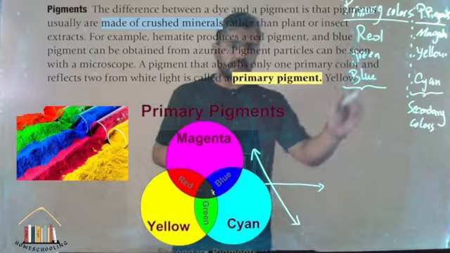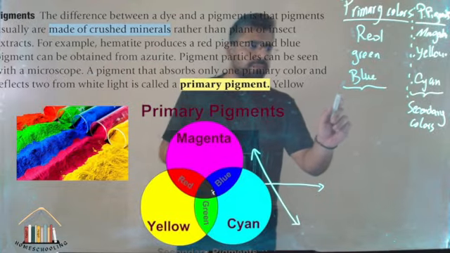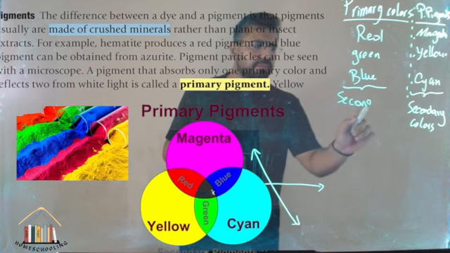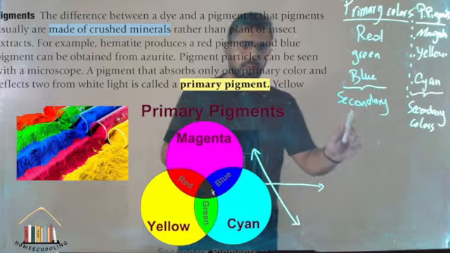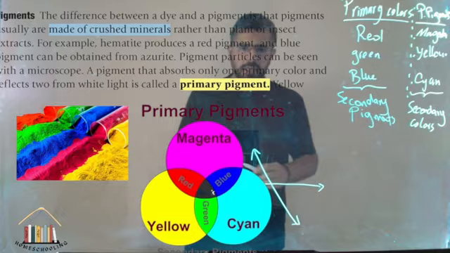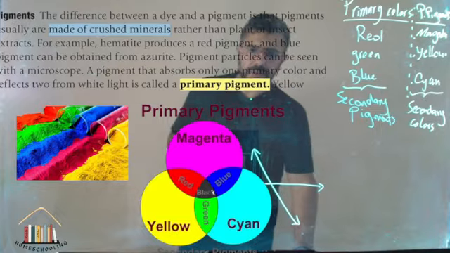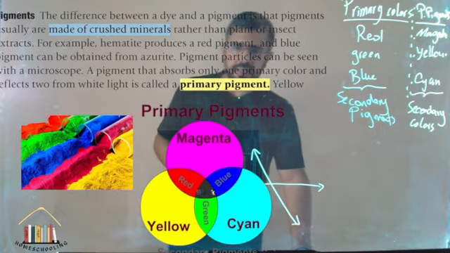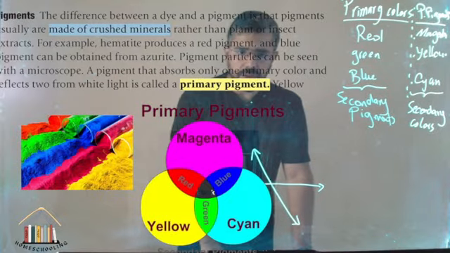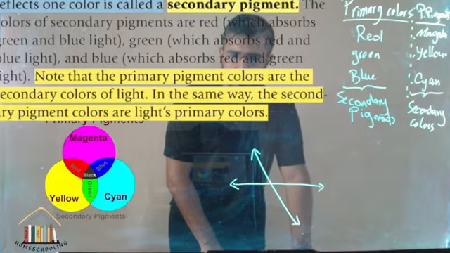So these three colors are also considered as secondary pigments. All right, so let's continue. I hope you understand now the difference between the primary colors and the primary pigments and the secondary ones. Let's continue with this slide.